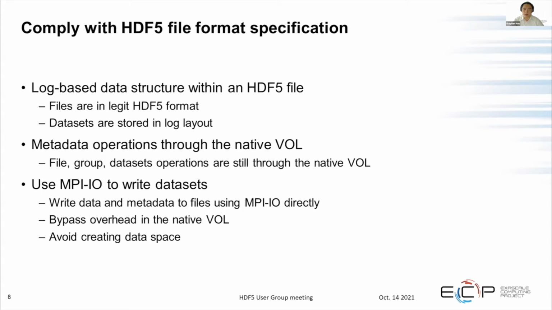Metadata operations such as group and attributes are handled through the native VOL to ensure compliance to HDF5 format. For better performance, the log VOL performs data I/O through MPI I/O directly, which bypasses overhead in HDF5 dataset APIs.